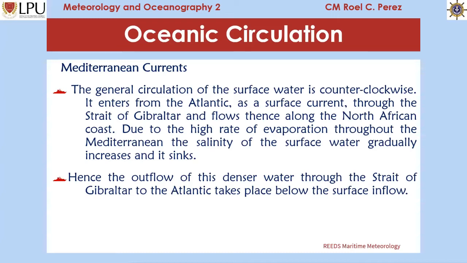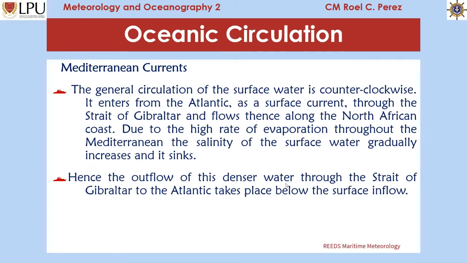So, the surface current will enter through the Strait of Gibraltar and flows thence along the North African coast. And then due to the high rate of evaporation throughout the Mediterranean, the salinity of the surface water gradually increases and it sinks.